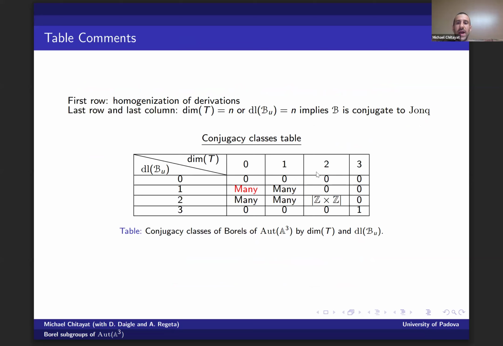if you have a torus and your variety is non-rigid, then you will never have a Borel subgroup that consists only of a torus.